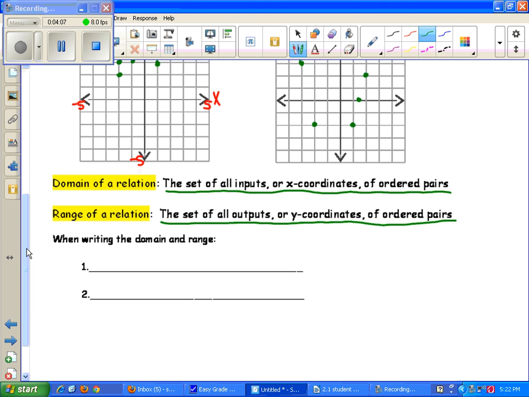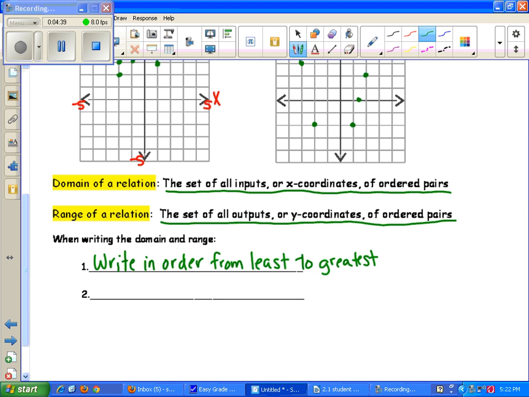When you're writing the domain and range, you always want to write it in order from least to greatest, just like on a number line, where we go from the negatives to the positives.